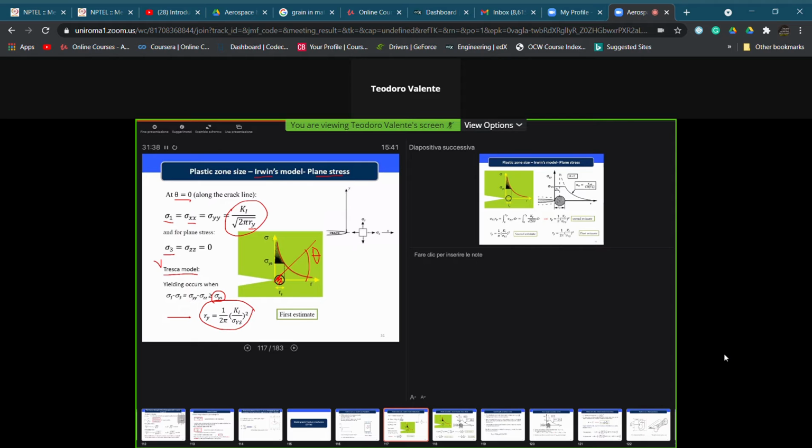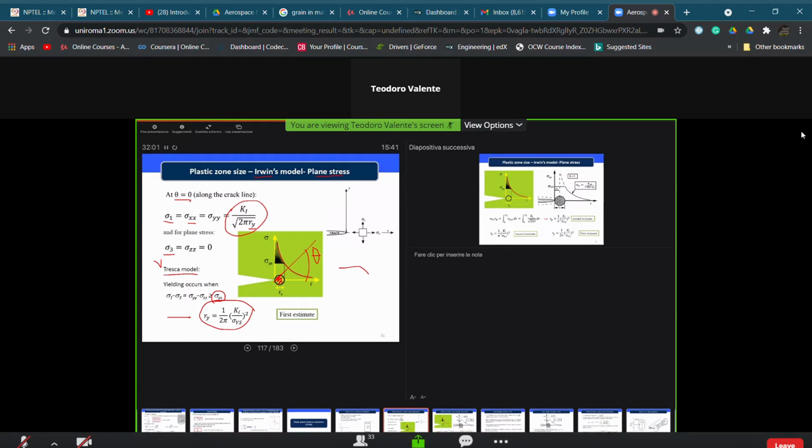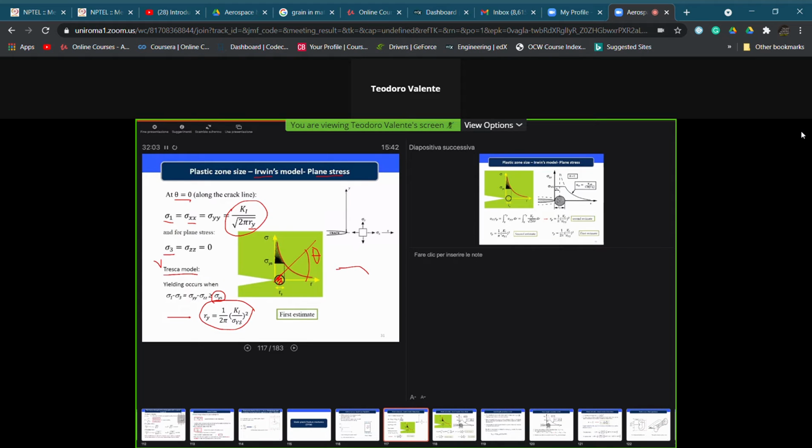And so we can, by this, have a first estimation of the radius of this circular area in which we can think that the stress is equal to the yielding stress of the material and is constant inside. Obviously, sorry for the drawing, I'm just using my hands.